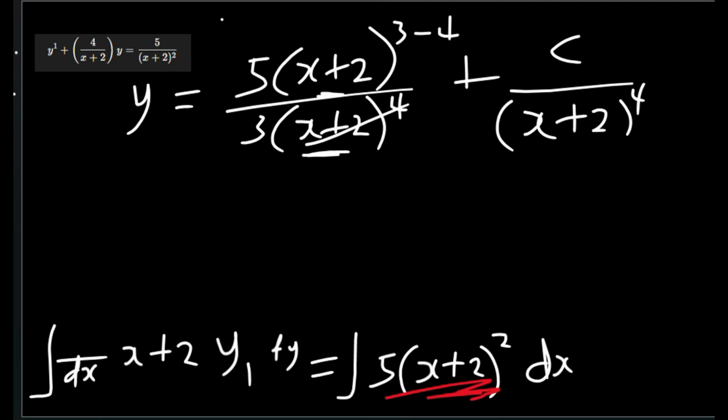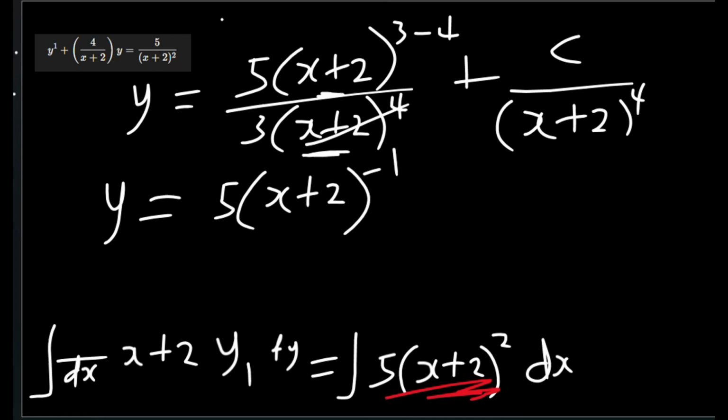It's a choice. Yeah, so if we are going to subtract, then it's going to be 3 minus 4, which would be negative 1. So we have 5(x + 2)^-1 plus c over (x + 2)^4. Don't forget there is a 3 below the 5.